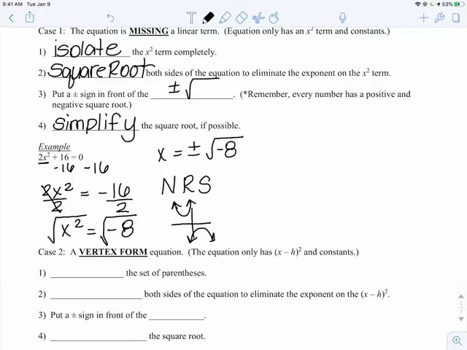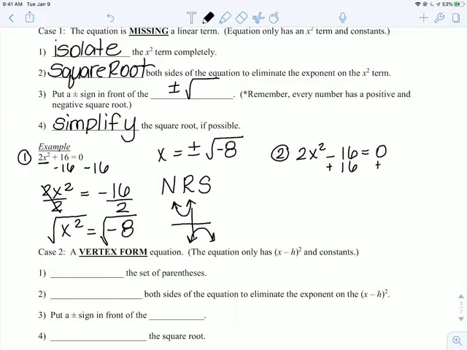Now, what if we took this same problem but just changed it up a little bit? So we'll let this be example 1, and we'll create an example 2. And in example 2, we'll have 2x squared minus 16 is equal to 0. We'll take the same approach.